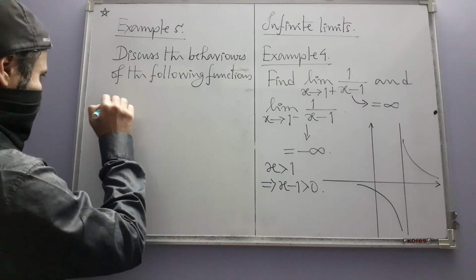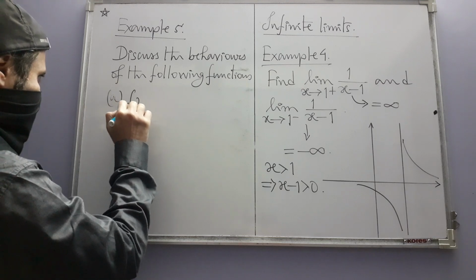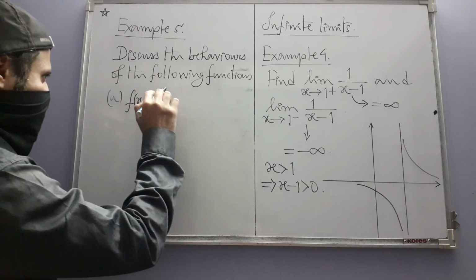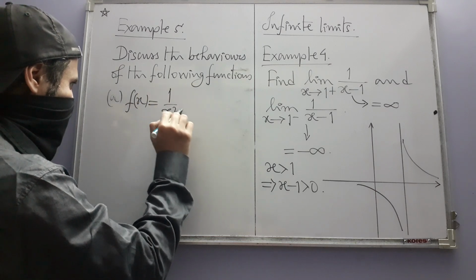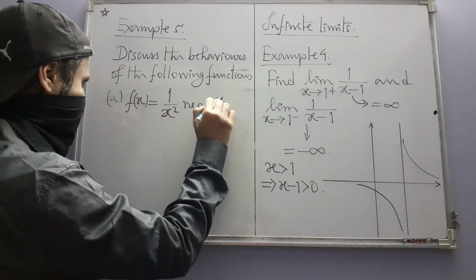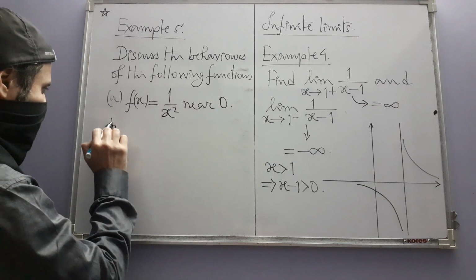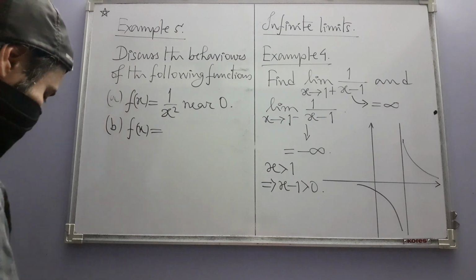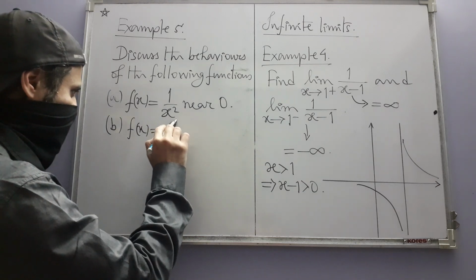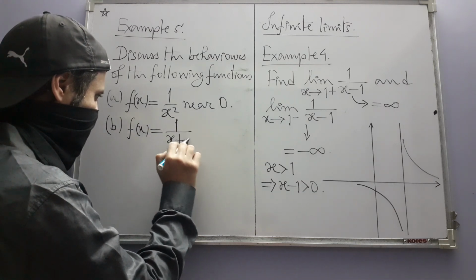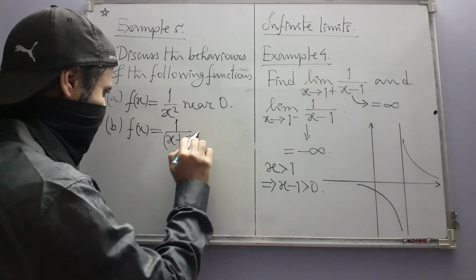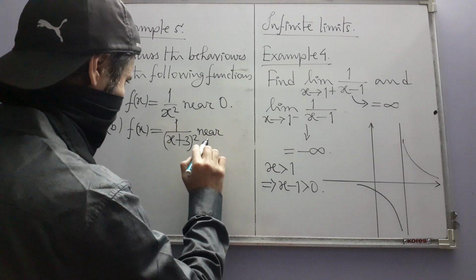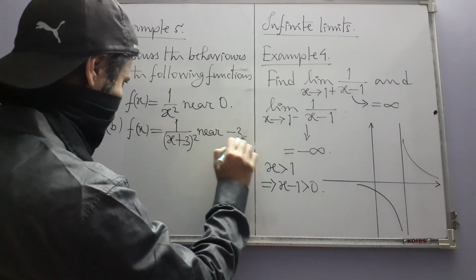So the first function is 1 over x square near 0, and the second function is 1 over x plus 3 whole square near x equal to minus 3, that is minus 3.